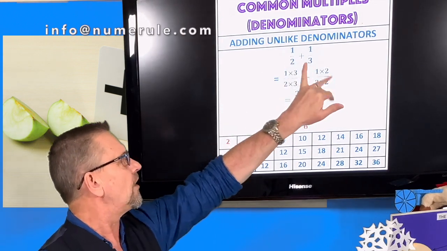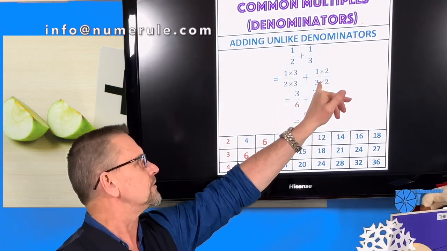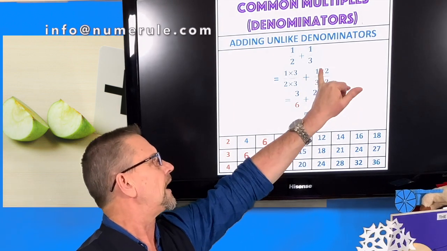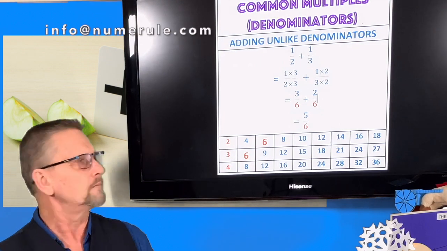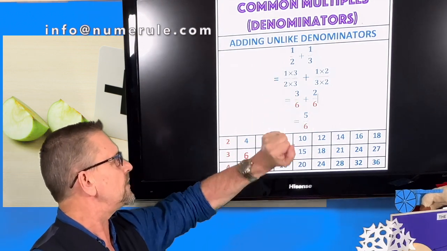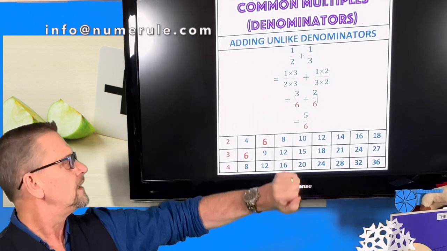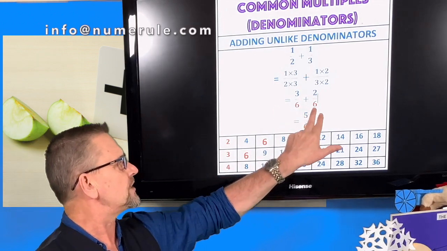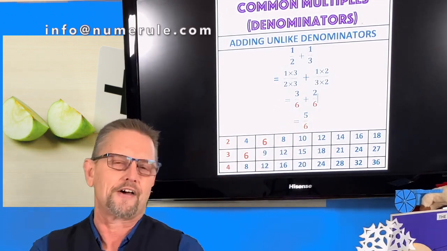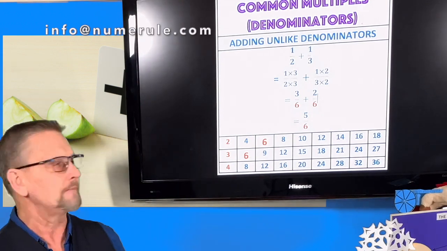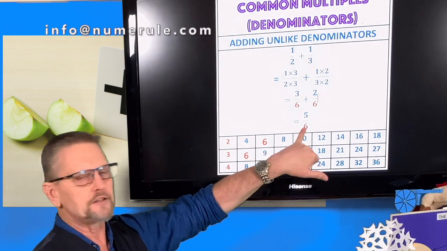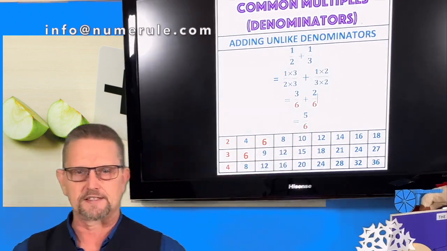Then on the other side, we do the opposite. We multiply the 3 by the 2, and we have to do that with the top as well. Then we get 3 over 6 plus 2 over 6, and now because our bottom 2 denominators are the same, we can add those together. We get 3 plus 2, which is 5, and the denominator remains the same.